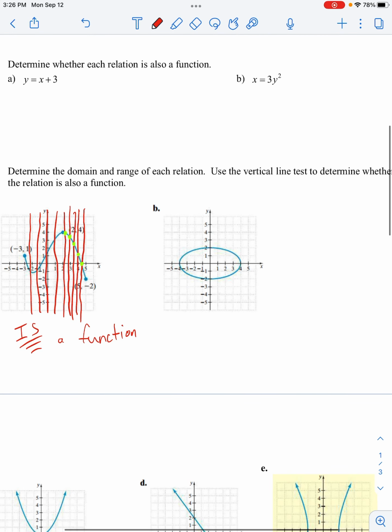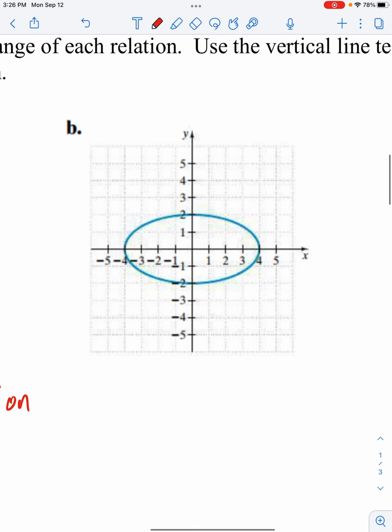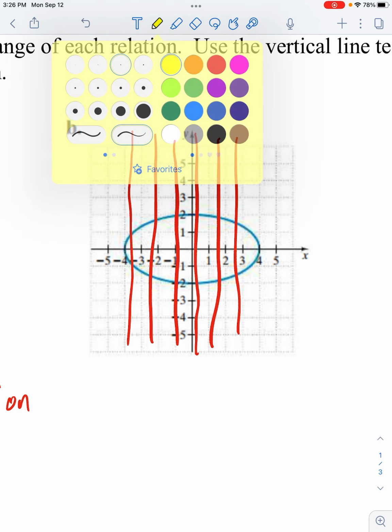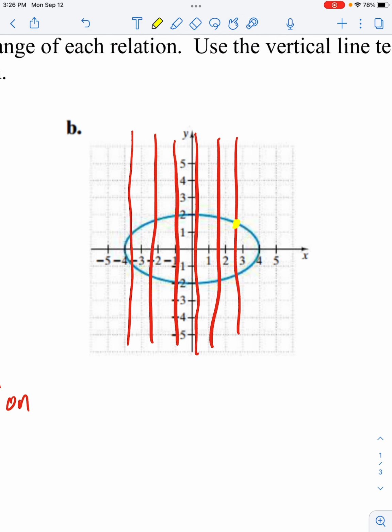Let's use the vertical line test for this next one, okay? Let's draw a bunch of vertical lines through it. Uh-oh, what's going on? I can draw a bunch of vertical lines where the graph passes through the vertical lines twice, right? So this graph intersects all these vertical lines twice.